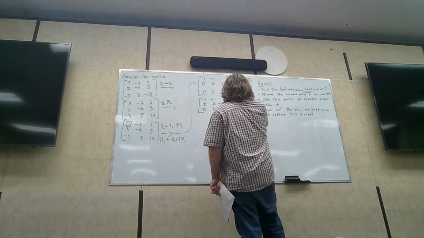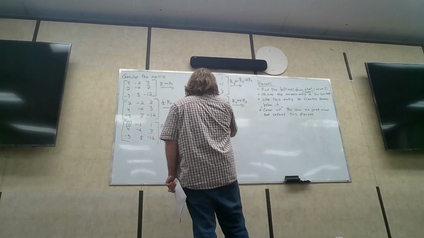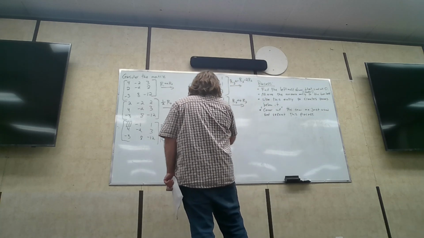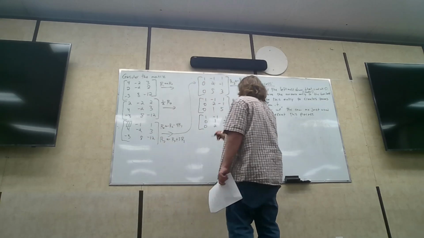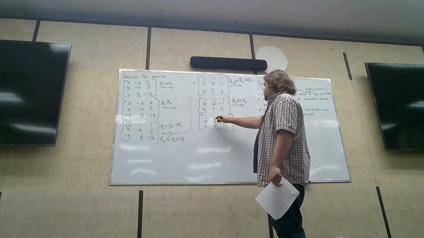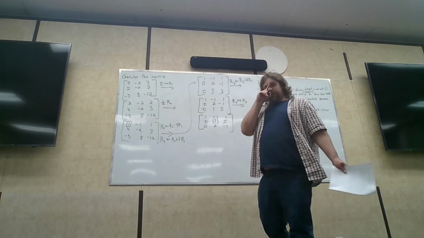Swap it with row 3. One, 5, 0, 2, minus 1. And now we're in our golden position where we got a 1 here now, right? And then we just rinse and repeat, right?